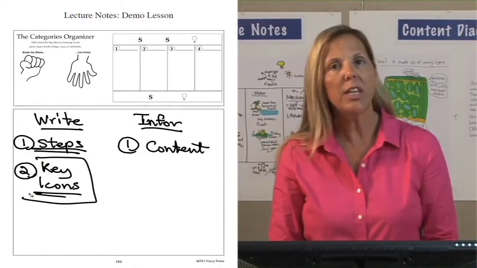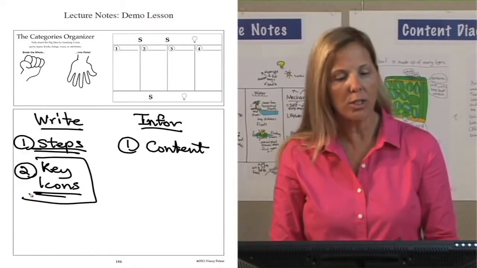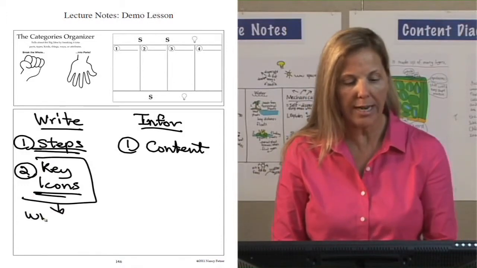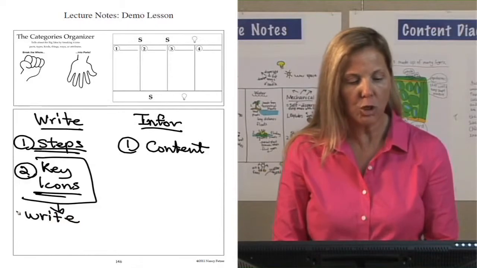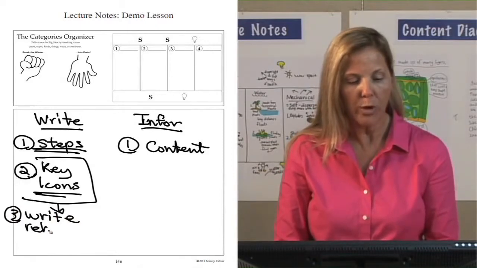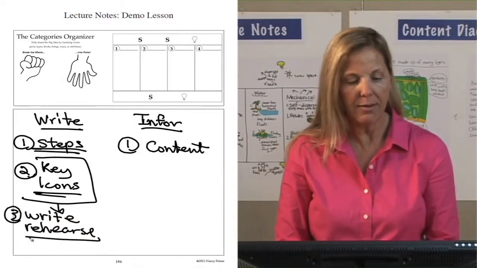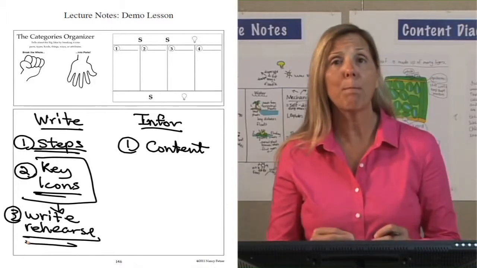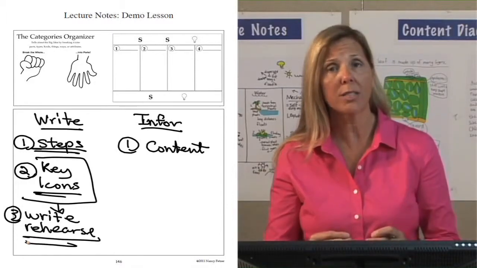And remember, these keywords and icons will eventually become writing. And that means that students need to constantly rehearse and practice the information that you are imparting on them through this lecture note process.